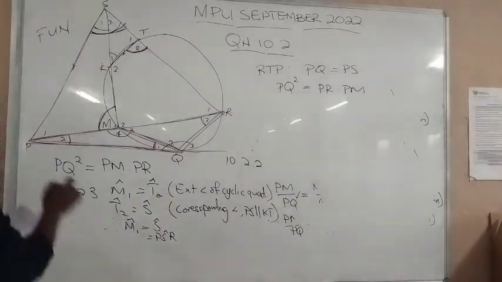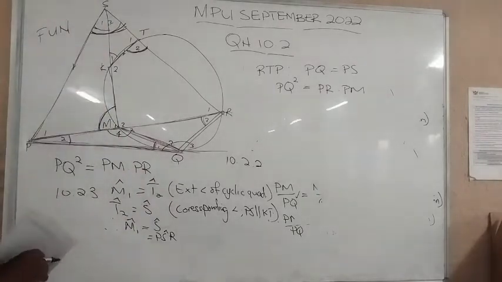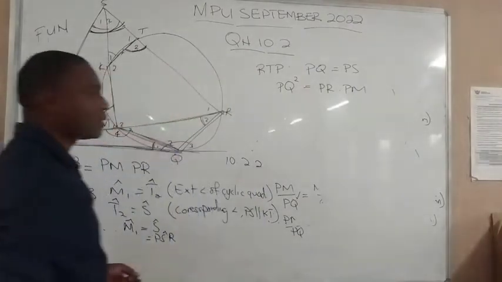And if we check the line PQ and the line PS, they do not fall in a triangle that we may try to prove using the angles here.